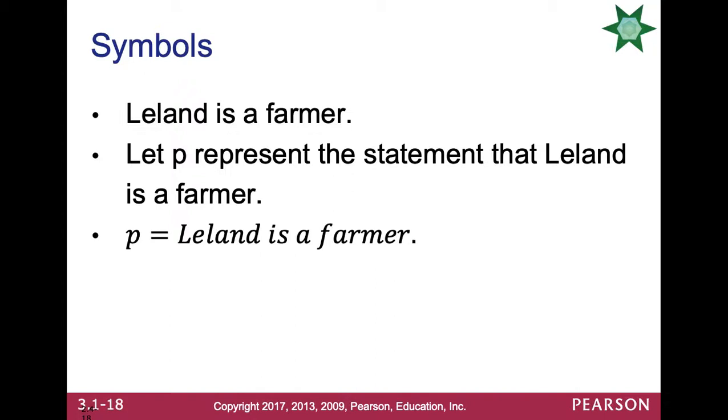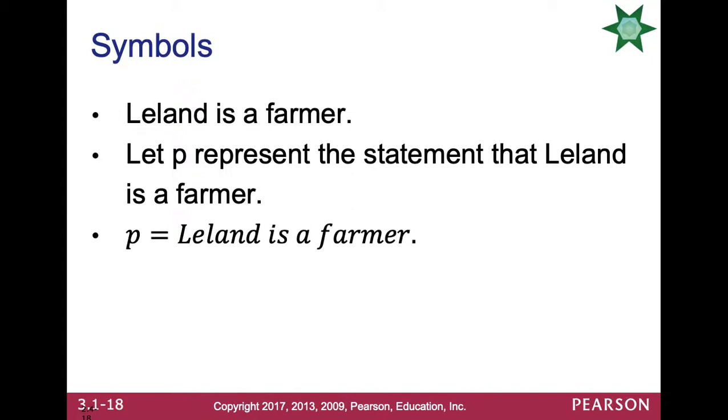So if I want to negate that, Leland is not a farmer. Fine. But sometimes we're going to be doing some other operations on statements that can be long, or for that matter, they can be short, such as Leland is a farmer. But I just get sick and tired of writing Leland is a farmer every time I'm doing something.